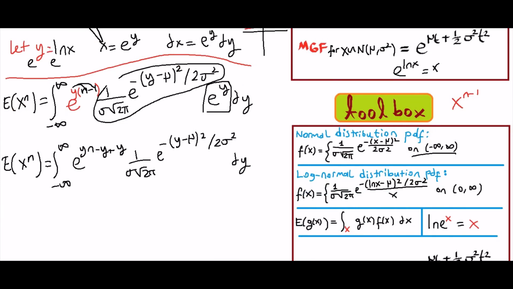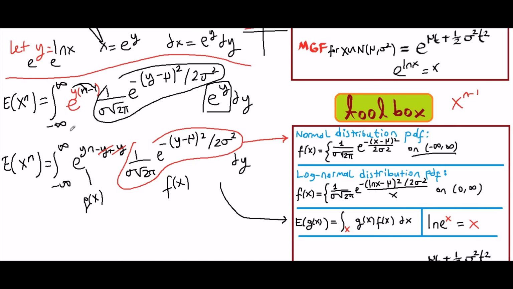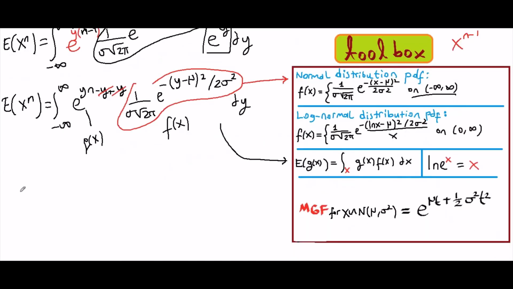And if we simplify, y cancels y, and this integrand is exactly our normal distribution PDF. So using the definition of expectation of a function, this is our f of x and this is our g of x. So this is equal to expectation of g of x, which is expectation of e raised to yn.